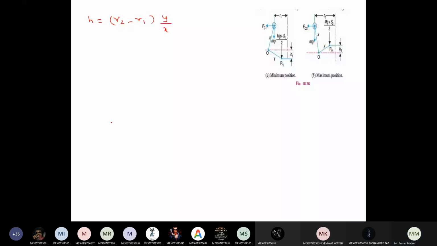How can we get R2? R2 is equal to R1 plus h into X by Y. This is the equation we get. So R1 is given as 0.08 meters plus the height of the governor. What is the height of the governor given?